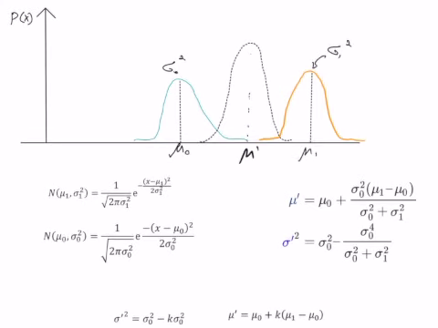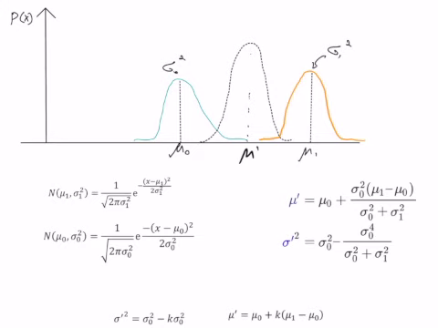So if I want to multiply the first PDF with the second PDF, if I want both distributions to hold true, what I end up with is a third normal or Gaussian distribution with mu prime and sigma square prime. And the mathematical transformation from the first two to the third goes like this.